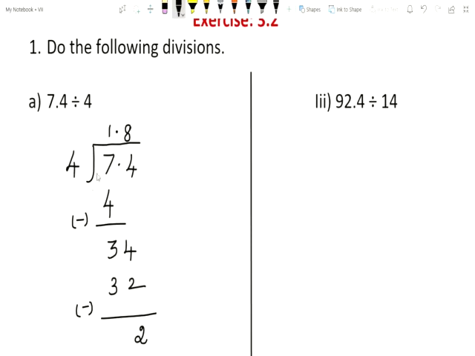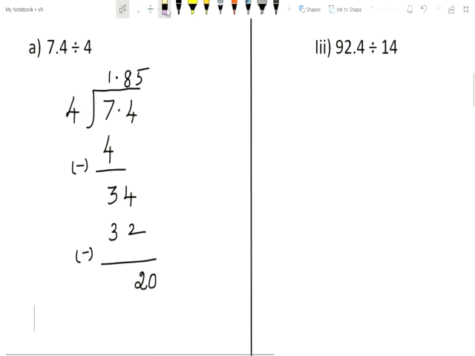Now, we can't divide. Already the decimal is there, so you add a 0. In 20, how many 4s are there? 5 times. So, 5 4s are 20. Now you subtract this, what you will get? 20 minus 20, 0.